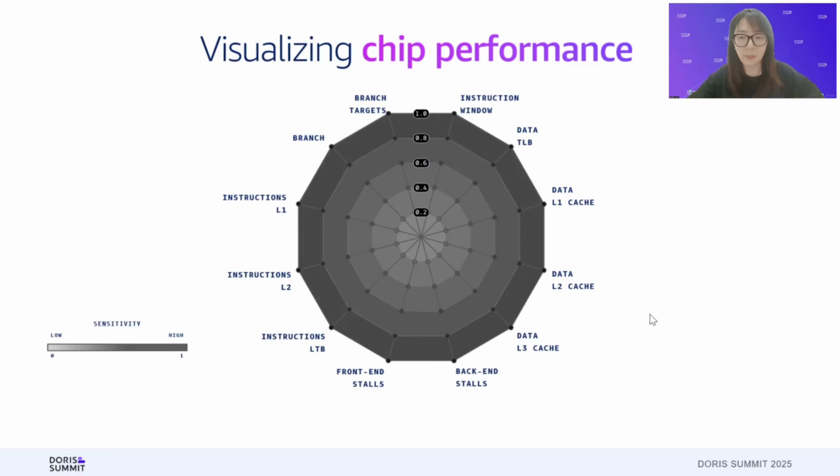If we split a CPU in half, there's a front end which receives instructions, does prediction and branching, which are on the left side of this chart. And there's the back half of the chip, which executes the instructions. Ultimately, this results in front-end and back-end stalls. So we can test the workloads and look at them to understand how they will perform on the processor and what they're sensitive to. So let's see some examples.